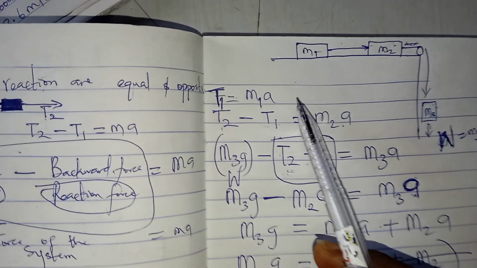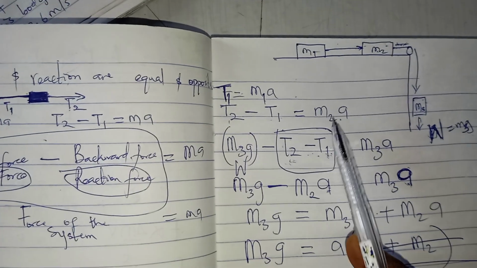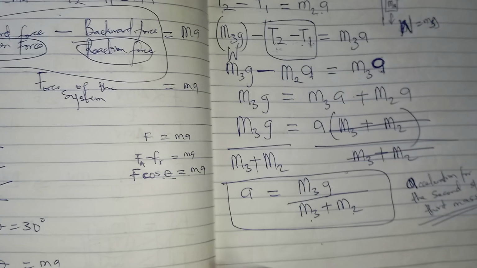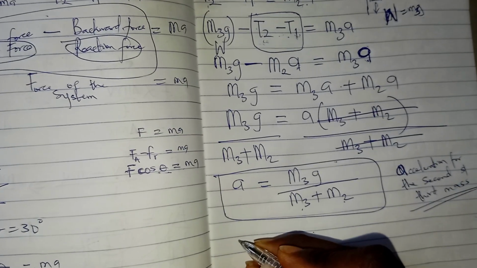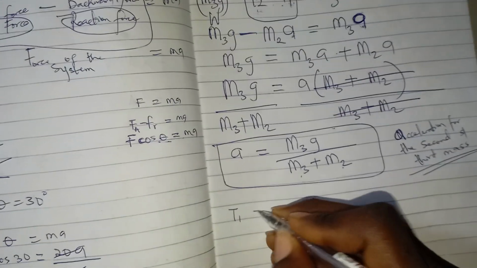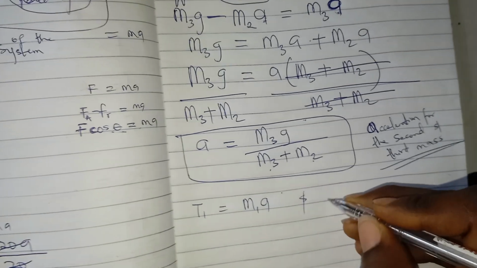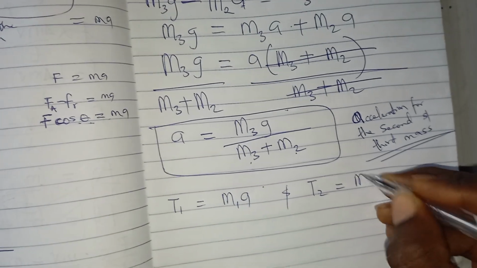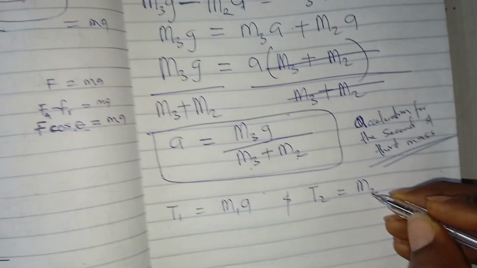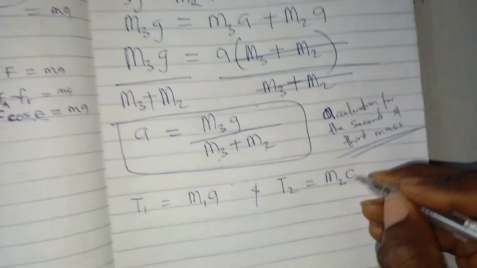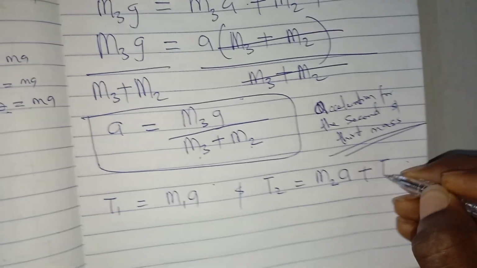Notice that T1 is equal to M1A, shebi. T2 is equal to M2A. And notice that right here, okay, let's do it here. Since T1 is equal to M1A and T2 is equal to M2A, if you make T2 the subject of the formula, it will be M2A plus T1.